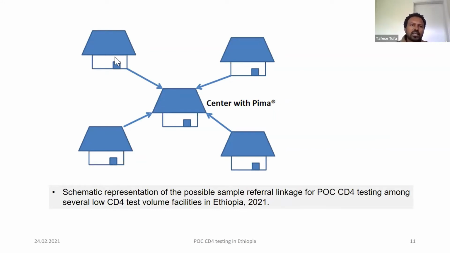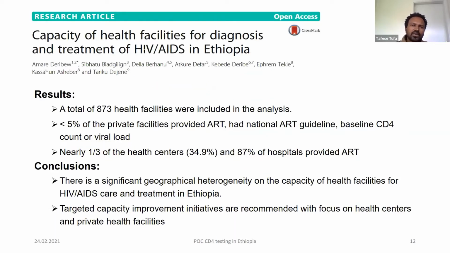There was a study done about the capacity of health facilities for diagnosis and treatment of HIV/AIDS in Ethiopia. According to this finding, published recently, less than 5% of private facilities provide ART service, and one third of health centers, and 87% of hospitals, especially the teaching hospitals, fully provide ART service, but some primary hospitals are still not providing the service.